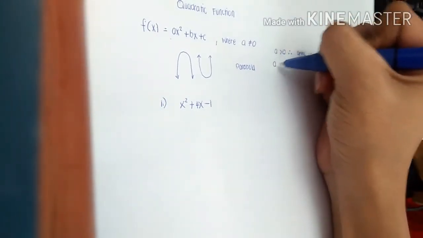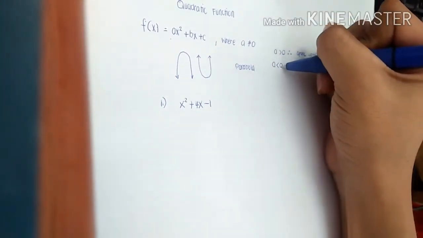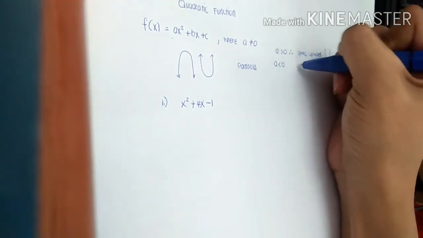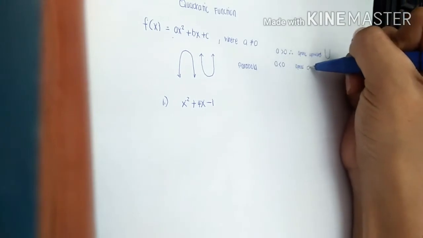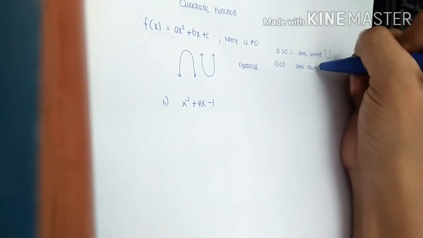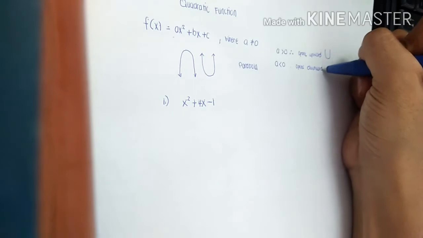And if a is less than 0, therefore the parabola opens downward. Don't forget this.